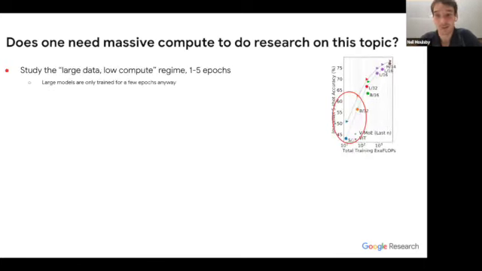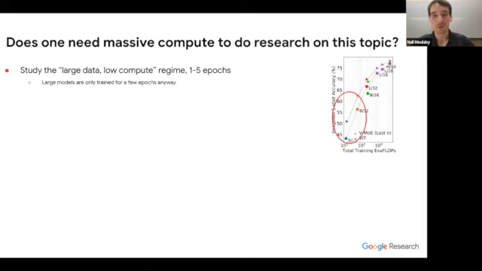And this is not an exhaustive list, but just a few things that I find interesting. Firstly, there's this large data, low compute regime. There are a lot of large data sets out there, like ImageNet 21K, which is 15 million images. This is a large data set. And what we saw in the sparsity work was that the performance of these small models when trained on large data sets was very reflective of what will happen at large scale.